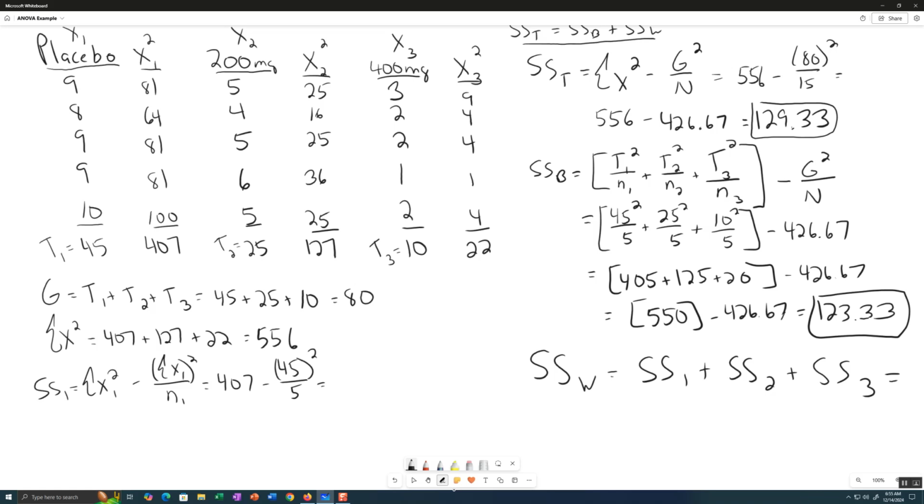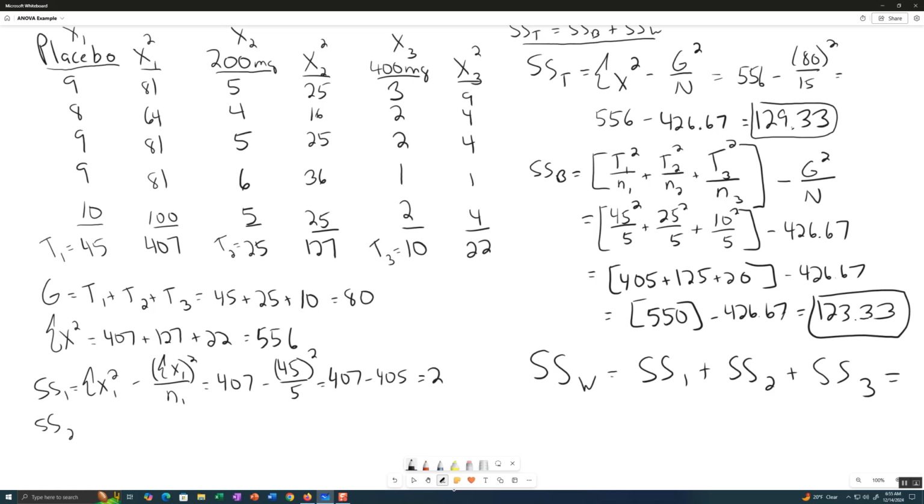We did 45 squared over 5 here. I got 405. So this stuff is already here, right? So I don't have to do all these calculations again. So 405 is here. So this is 407 minus 45 squared over 5, 405. And that gives me 2.